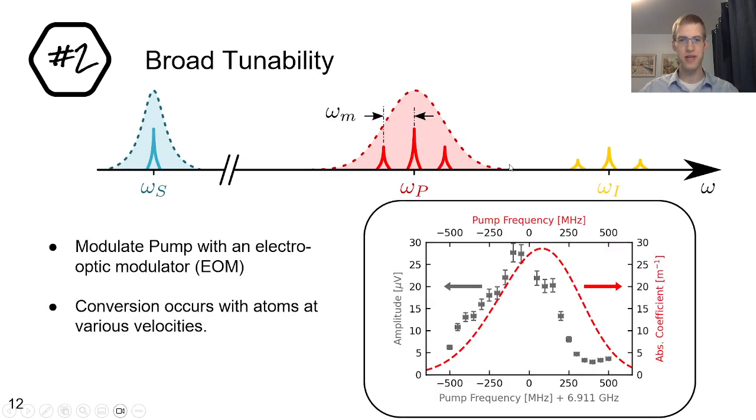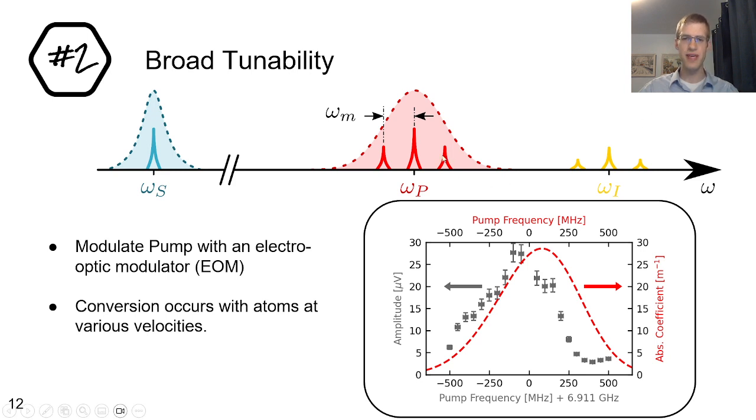Okay, so in our second experiment, we are going to modulate our pump field with an electro-optic modulator. This creates sidebands in its spectrum, and it's equivalent to sending in laser beams of slightly different wavelengths simultaneously into the system.